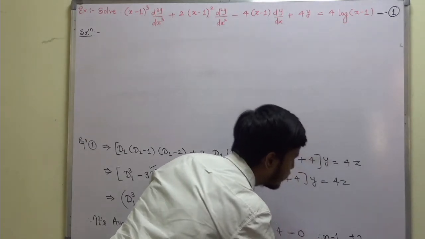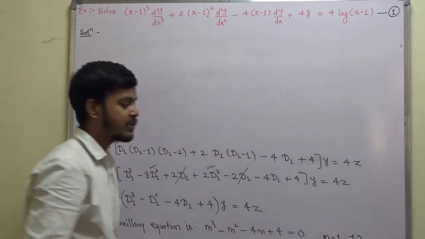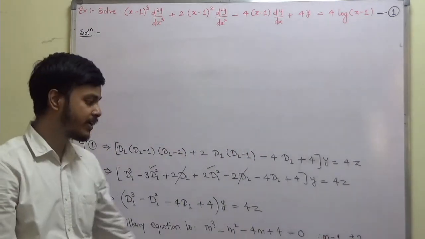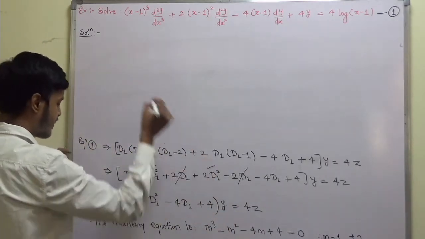So I am getting the roots as 1 and plus minus 2. Whatever method you use, you will get this only.